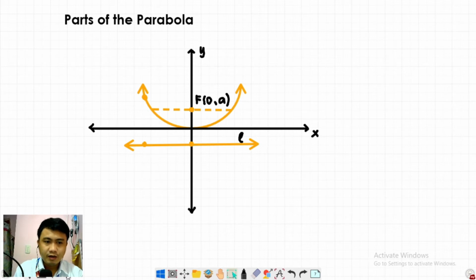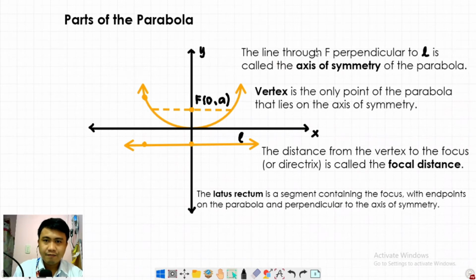Okay, so what are the parts of the parabola? And so the first one, we have the line through F. This one, the focus. Yung line daw na dadaanan niya yung ating focus at perpendicular dun sa ating directrix, yung L. Ang tawag po dito sa line na ito ay ito yung ating axis of symmetry. The axis of symmetry.